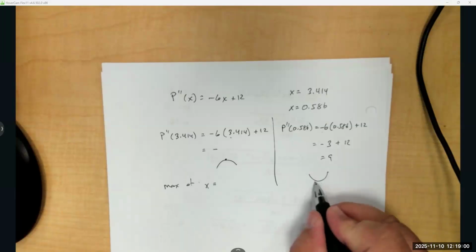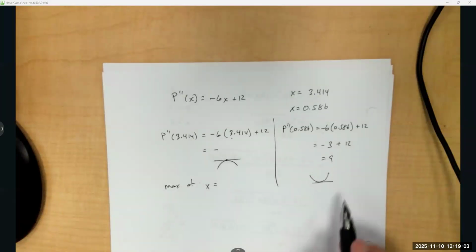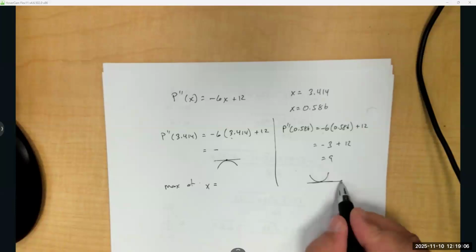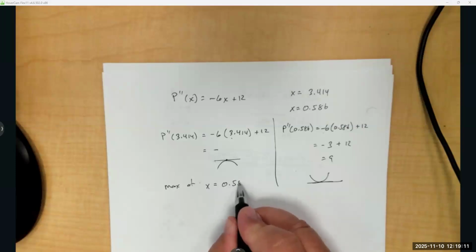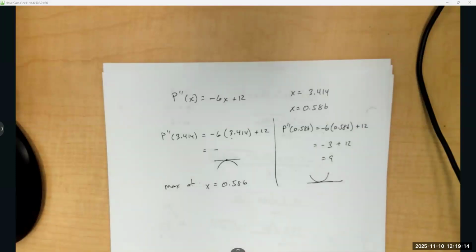Maximum loss. Yeah, this is the loss we're looking for here. This is our profit. Remember, this is our profit statement. So we want the lowest part, that's the maximum loss. Because the maximum profit is here, maximum loss is here. Or you have the minimum losses there.